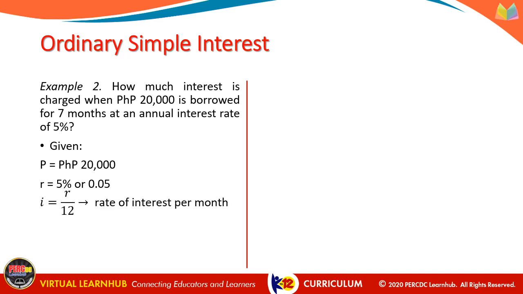Interest per period, we can use lowercase i = r/12. That is our rate of interest per month. We have here over 12 because we have 12 months in 1 year. And n is equal to 7 months. We are required to solve for the uppercase I or the interest earned.